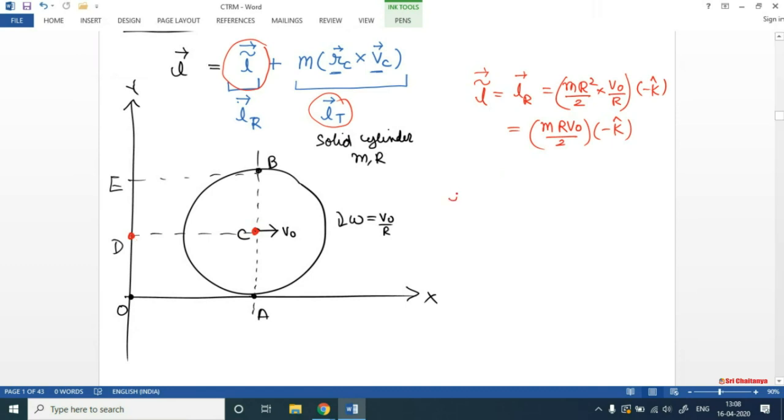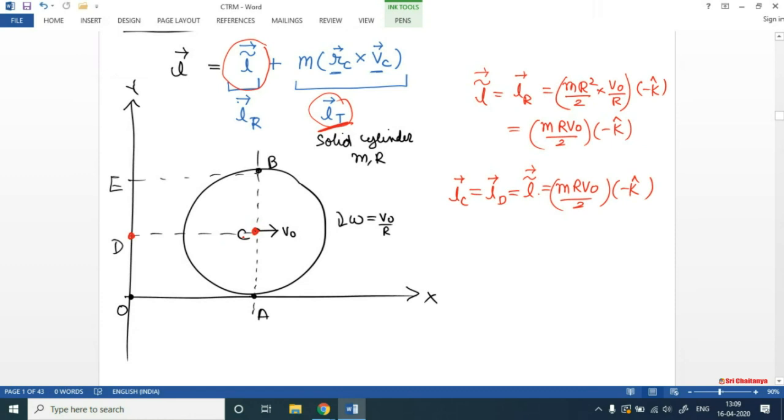So LC is going to be equal to LD, and since this component has become 0, this is going to be L tilde only, and that will be equal to mr v naught by 2 minus k cap over here. So this is about C, and about D we have already found out.